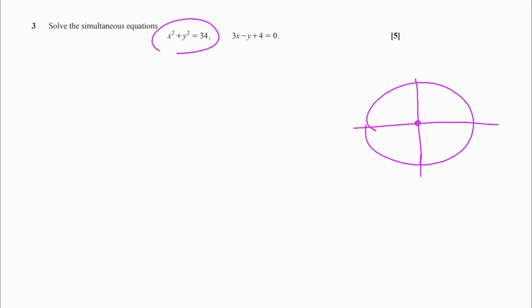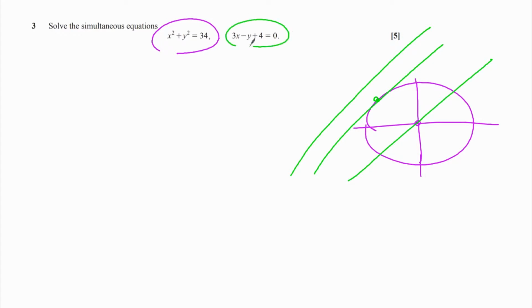When we say solve simultaneous equations, that basically means that, depending on the circumstances, we could have no answer, one answer, or two answers, depending on whether this line intersects the circle at 1 point, 2 points, or no points.